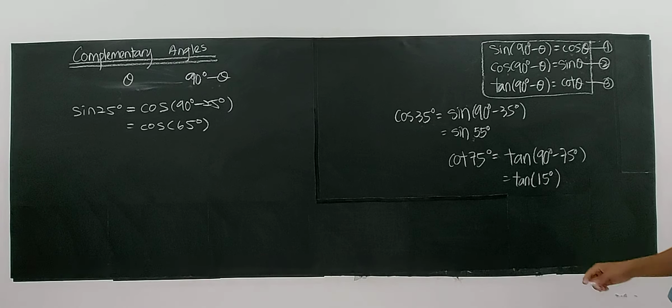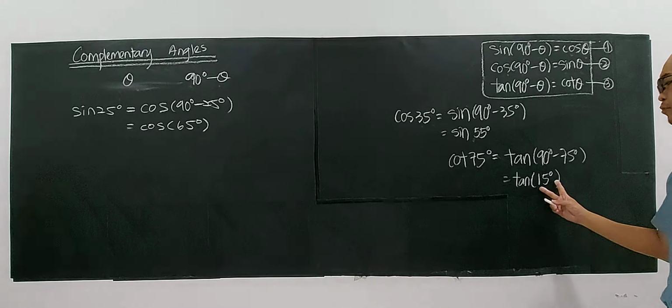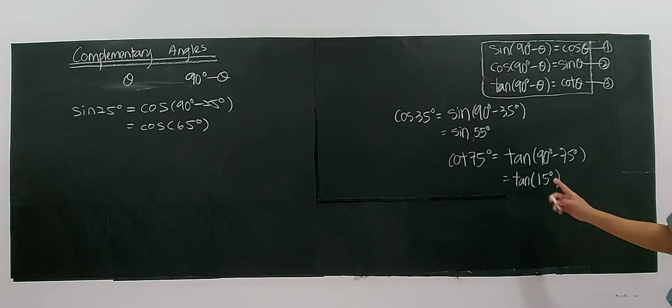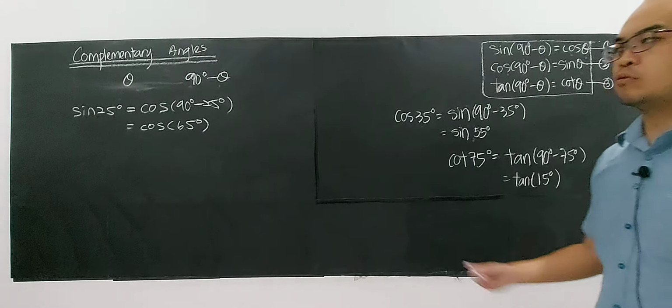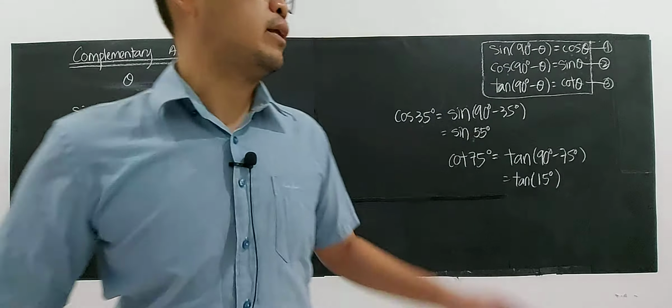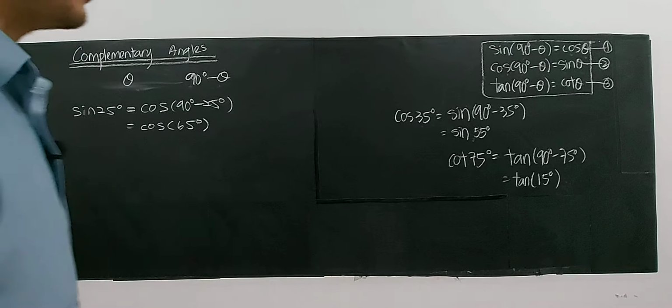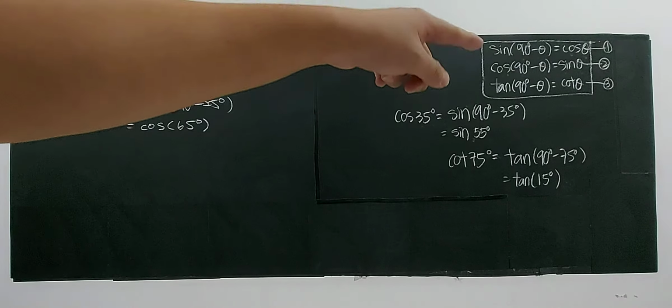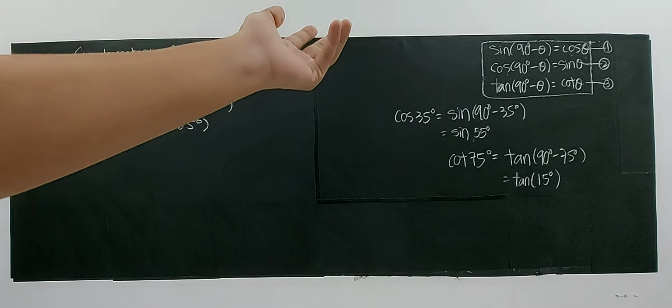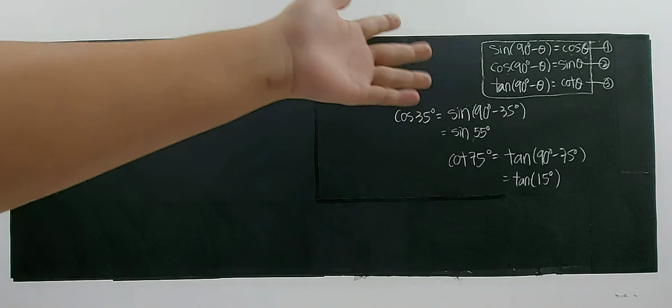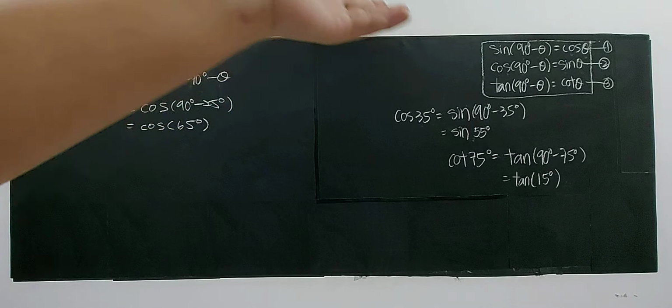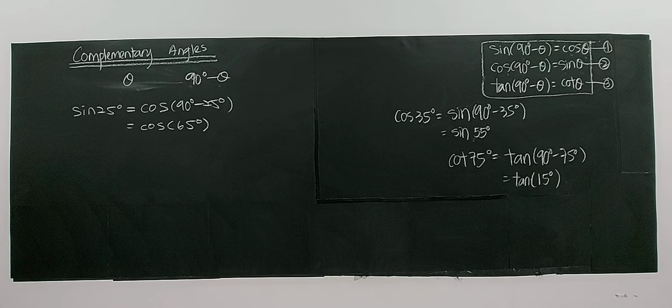As you know, 75 plus 15 is 90, so these two values will be the same. So this is the meaning of complementary angle. You can use this to prove some identities, or to evaluate values of trigonometric functions. Okay, that's all for this video.